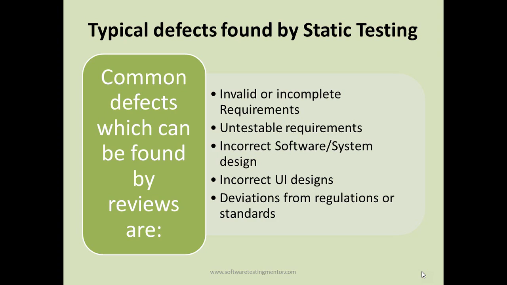So that is more testable, rather than just saying the system should respond fast when there are multiple users on the website, because you don't know how many multiple users there are, and you don't know what the response time should be. So you need to clarify how many users have to be there at the same time, and what the response time should be. So you figure out these sort of untestable requirements as well by reviews.